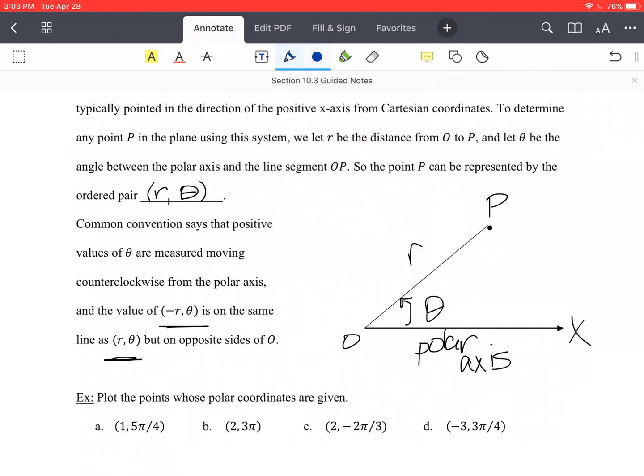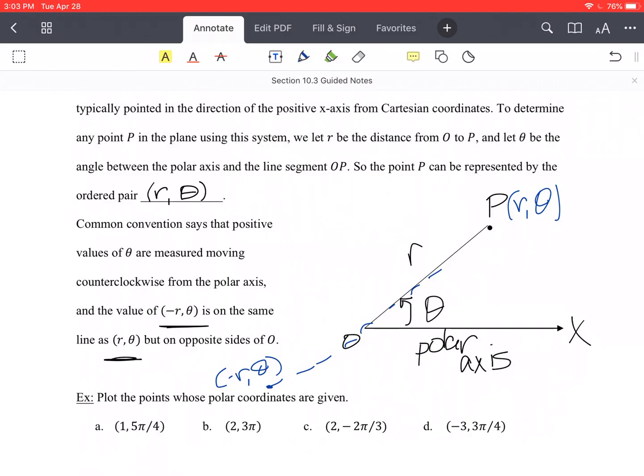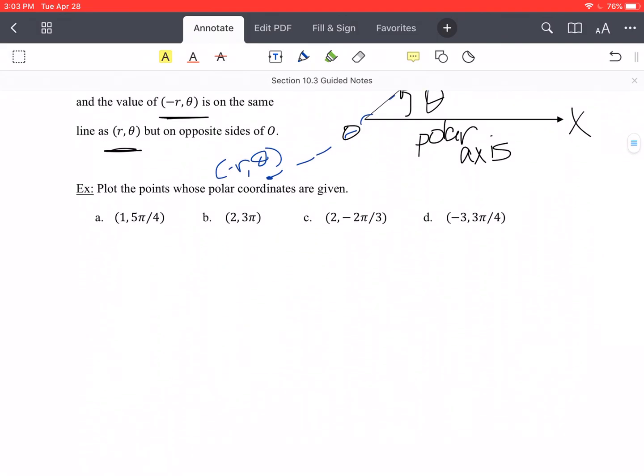So, right, if we had a point P out here, which again, this is the point r comma theta, okay, then the point negative r comma theta would be along the same line, but down this way. And that would be negative r comma theta over here. Okay. So let's look at a few examples here.